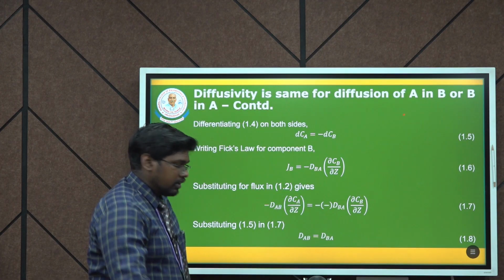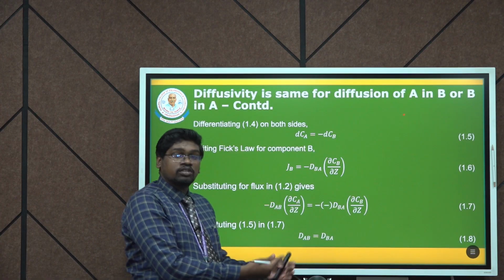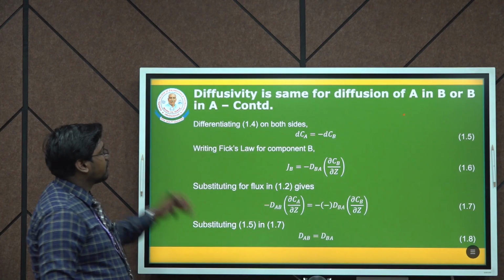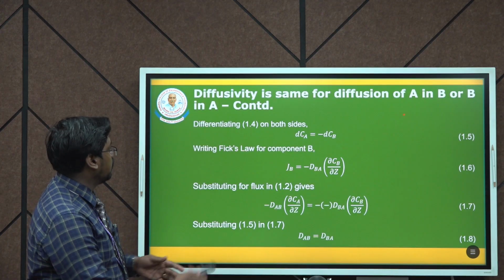So DAB is the diffusivity of A towards B and DBA is the diffusivity of B towards A. So in a steady state condition, we are getting that diffusivity is the same for the diffusion of A in B or B in A.